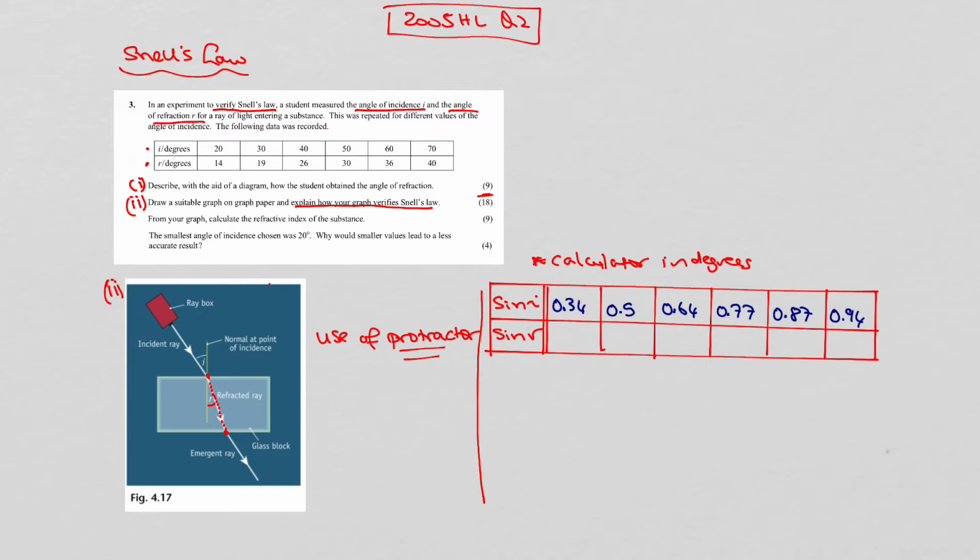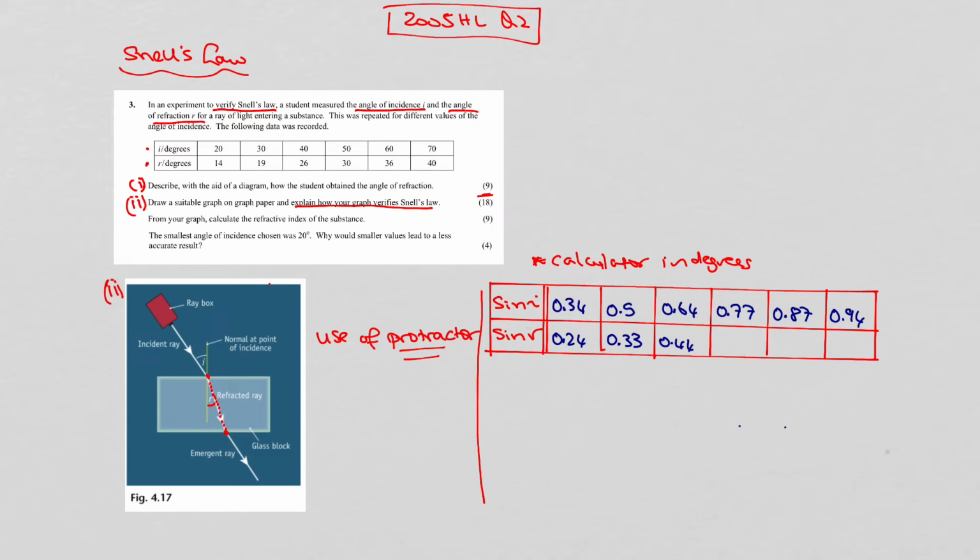And now we do the same with our angle of refraction. So we'll have sin 14 is 0.24. We have sin 19 is 0.33. Sin 26 is 0.44.